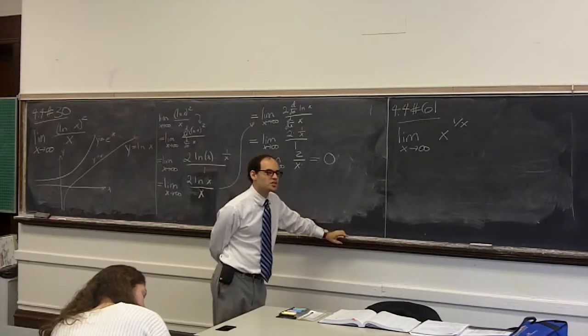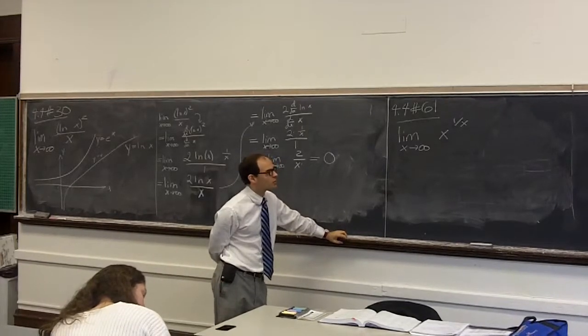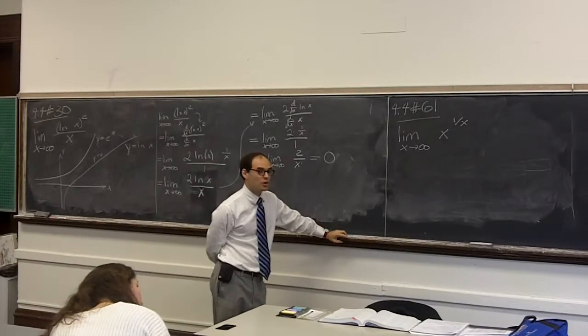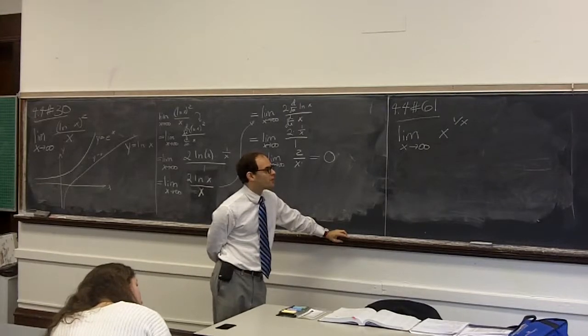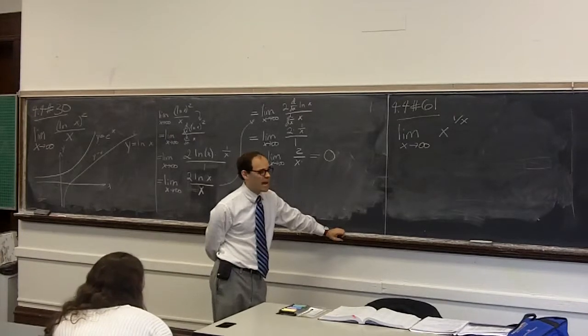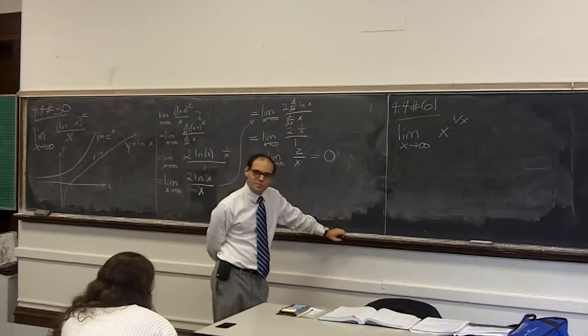But what do you know about, say, the square root of 2? Is it bigger or smaller than 2? Smaller. What about the cube root of 3? Is that bigger or smaller than 3? It's smaller. What about the 10th root of 10? It's a little smaller than 10.